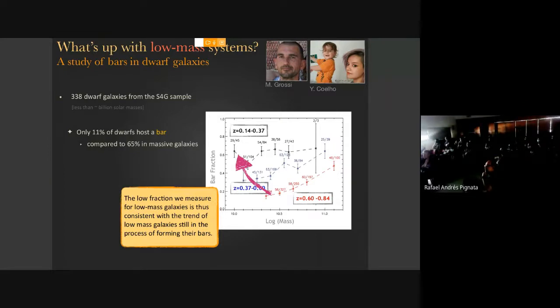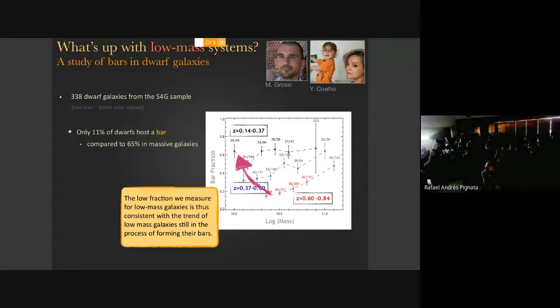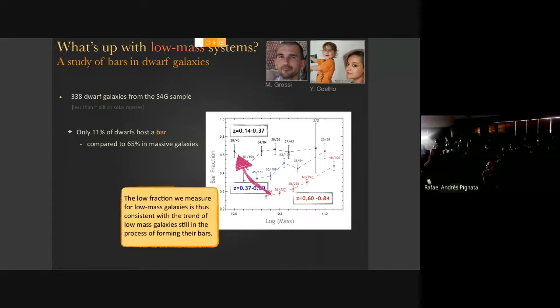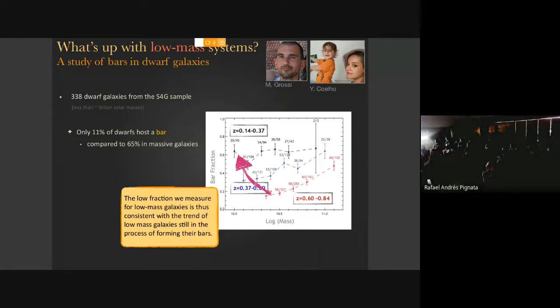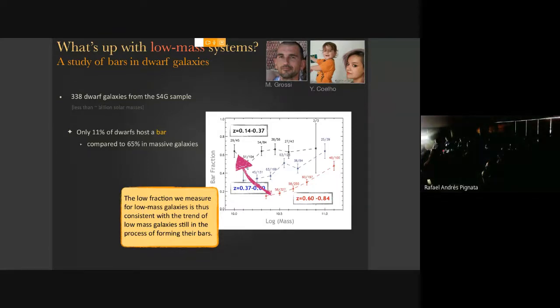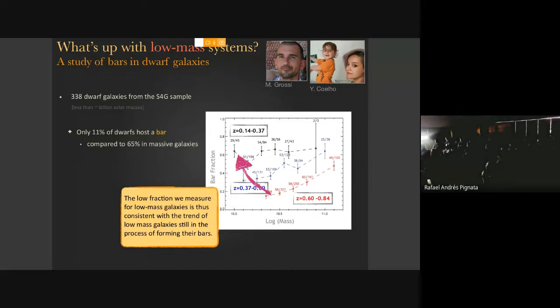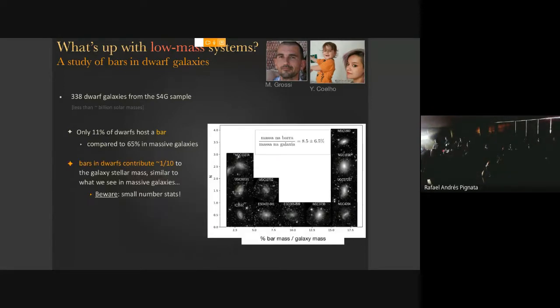Here we identified 11%, and we can go into the details of why that is slightly lower. But the main thing is that this low frequency of bars in dwarf galaxies is consistent with the idea that galaxies at the lower mass end are still building their bars. They're still going through that process in which their conditions are sufficient to sustain a bar, in that process of maturation.